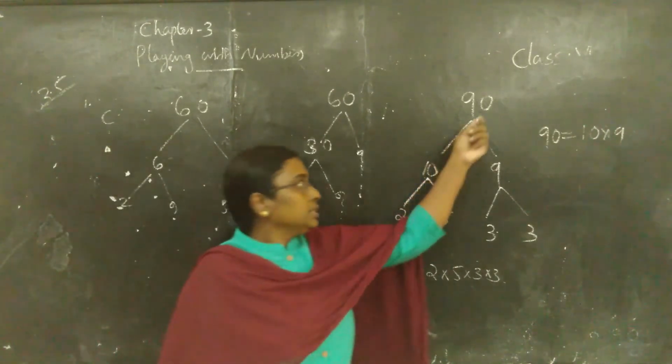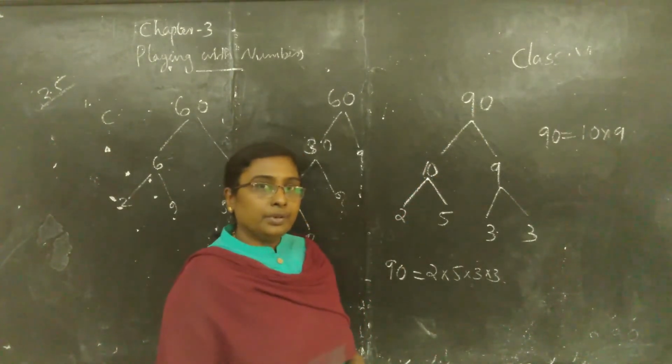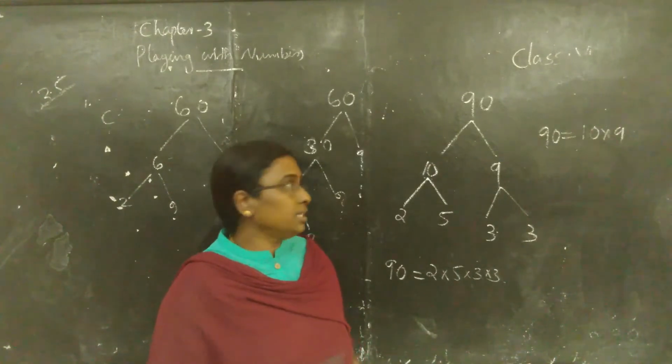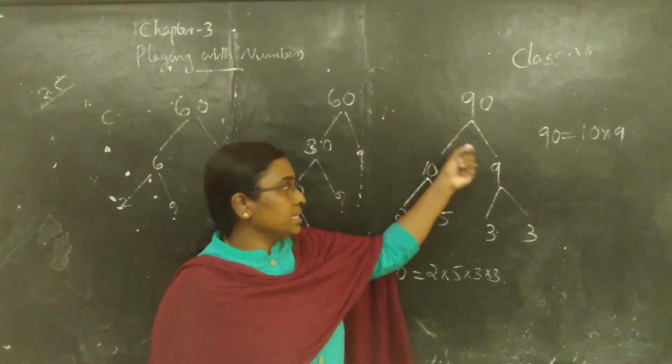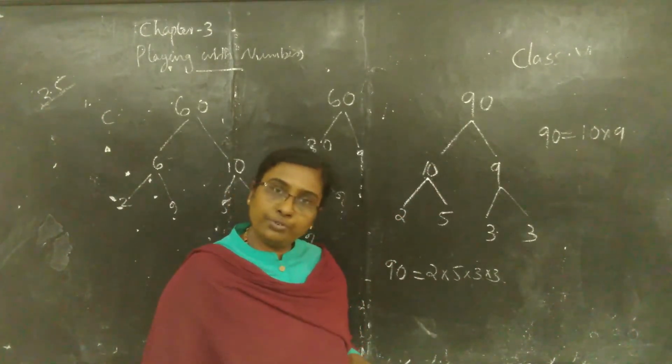This is the given number 90. Our aim is prime factorization. First we factorize 90 as 10 into 9, or 45 into 2.